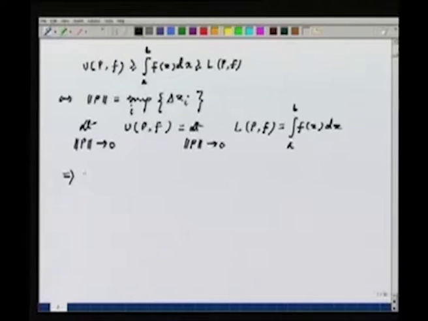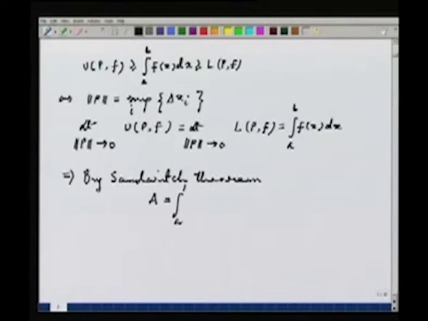If that happens, then U(P, f) converges to the integral of the function, so does L(P, f). Now this implies then, by the sandwich theorem, that A must be equal to integral a to b f(x) dx.